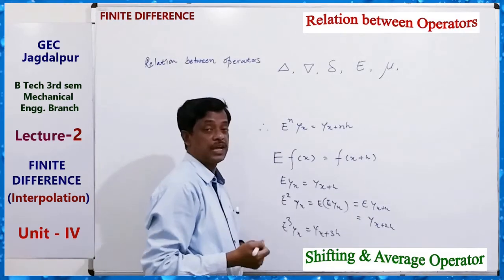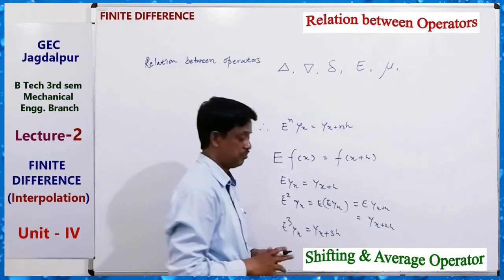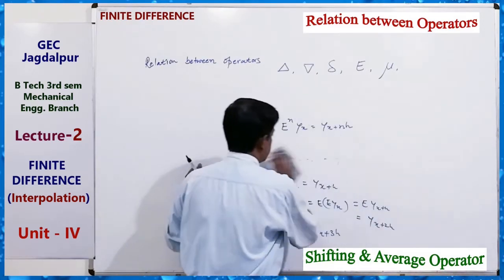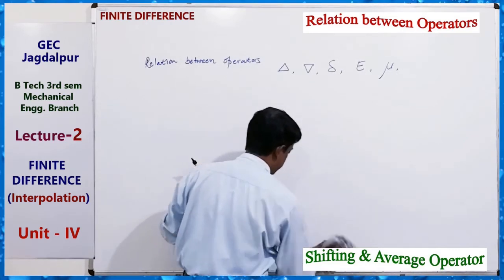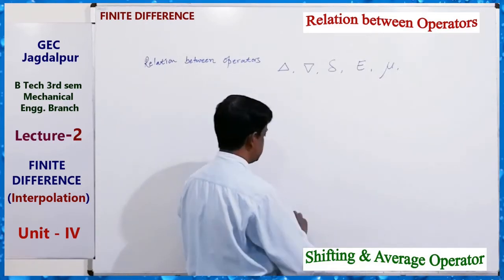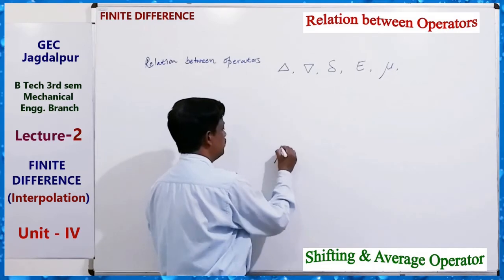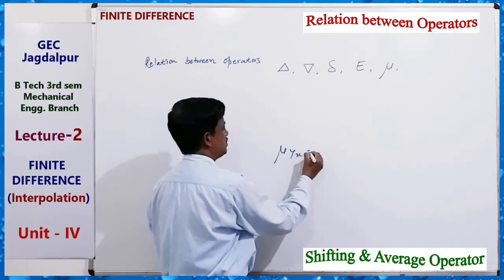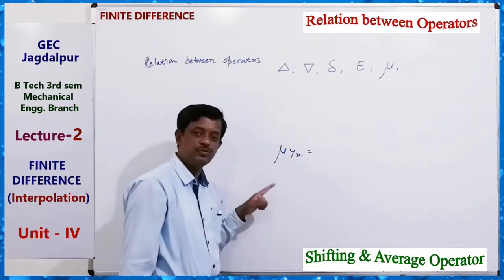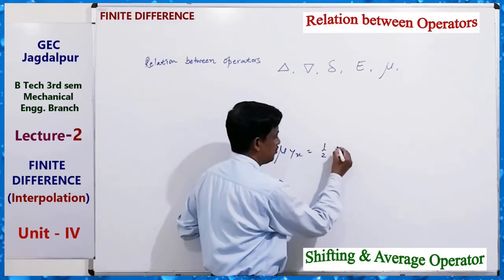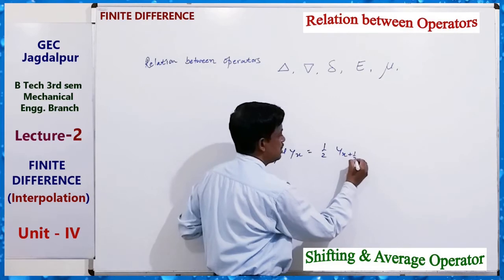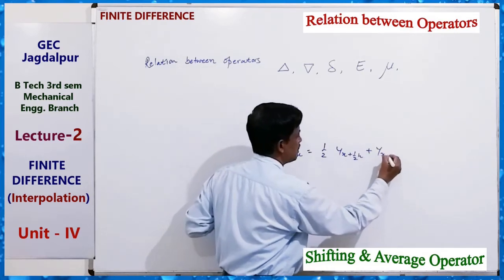Okay, so remember it, this shifting operator. And average operator, mu is the average operator. Average operator is defined as just like this. Mu yx equals to the average of yx plus half h and yx minus half h.